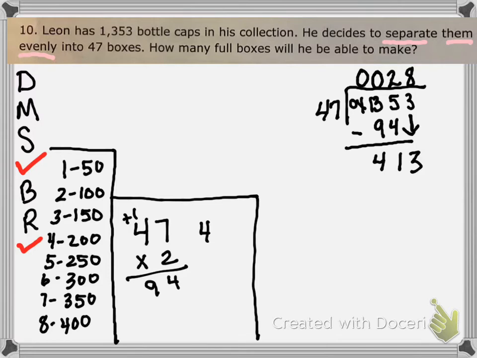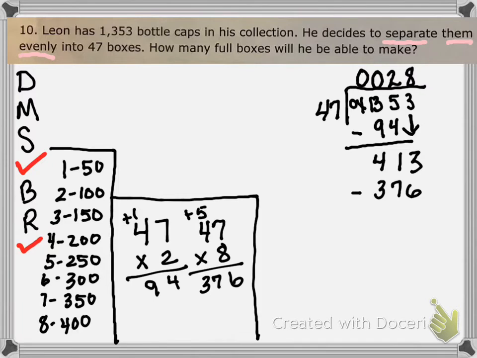I'm going to go back to my multiplication zone, and I'm multiplying now 47 times 8. And that's going to give me 376. 4 times 8 is 32, plus 5 makes 37. I'm going to write that directly underneath the number that I just divided.